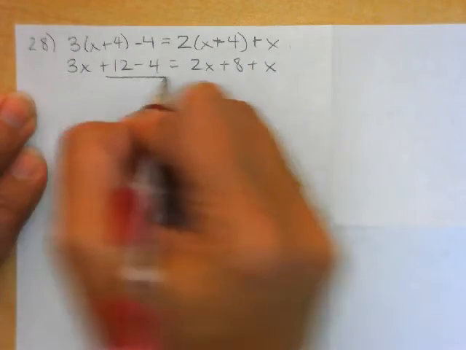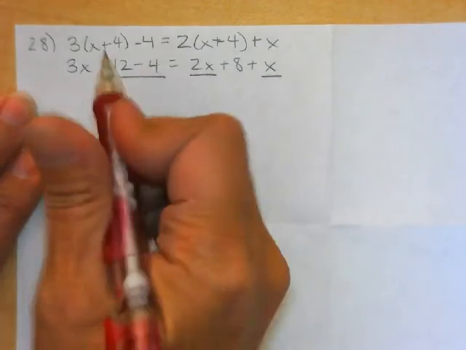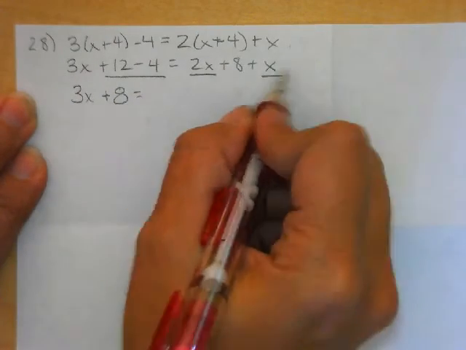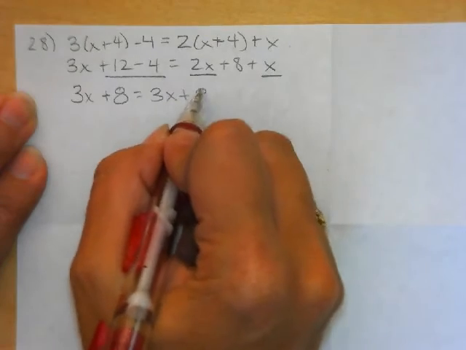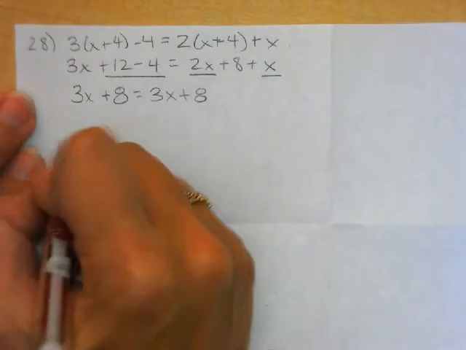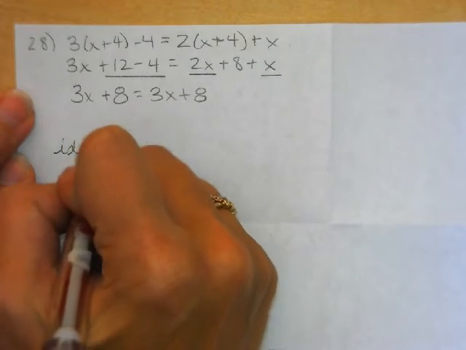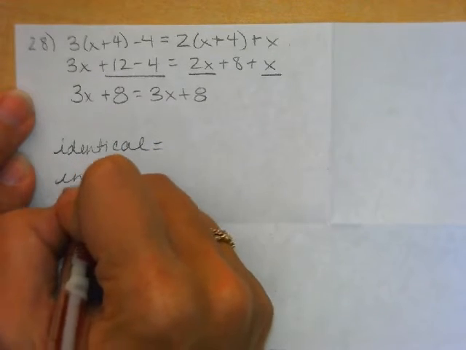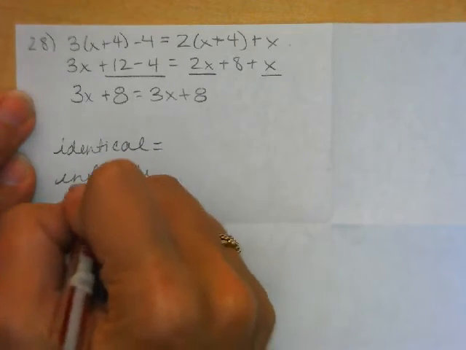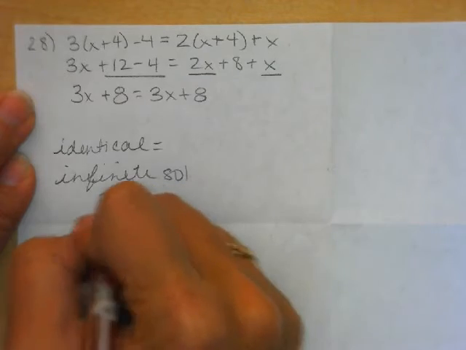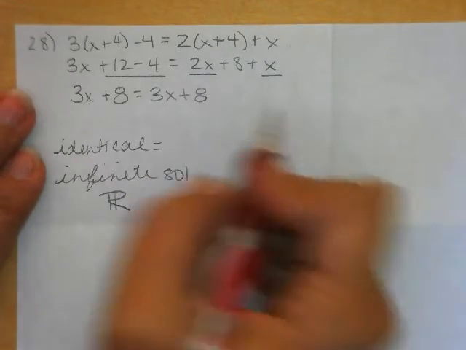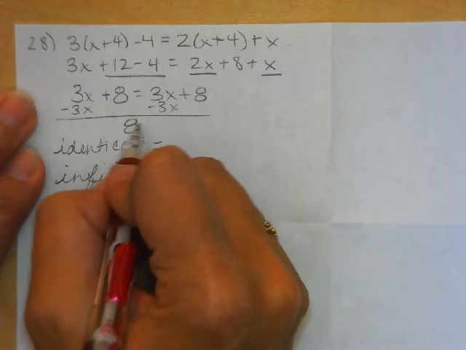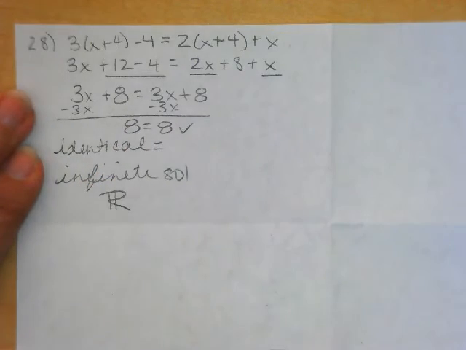So I can collect like terms here and here. 3x plus 8 equals 3x plus 8. All right, at this point I can see that these are identical. So that means that we are going to have infinite solutions, or you can write the symbol for all real numbers. Now, if you wanted to continue, you can move your variables. You get 8 equals 8, which is always true. Okay?